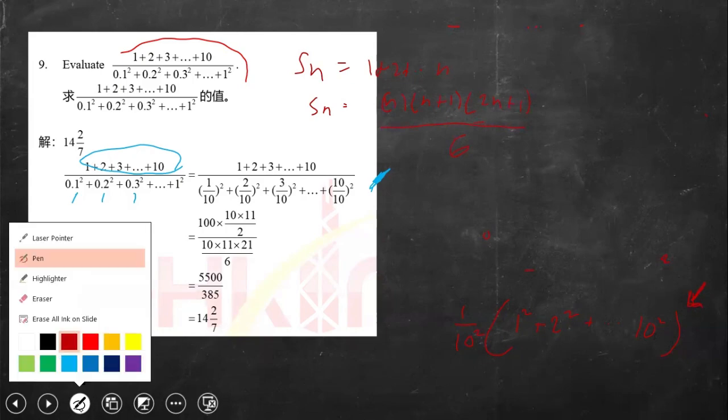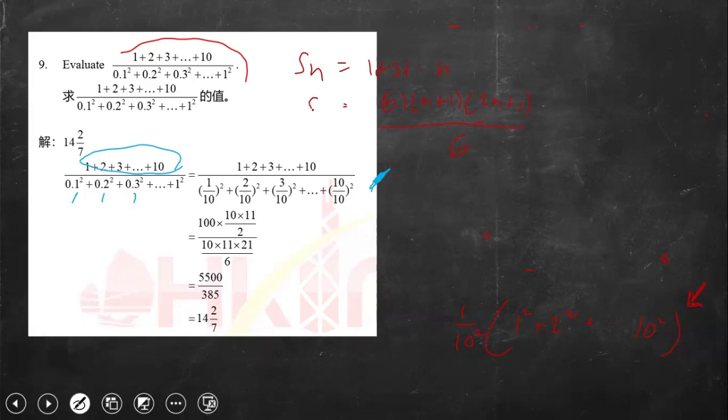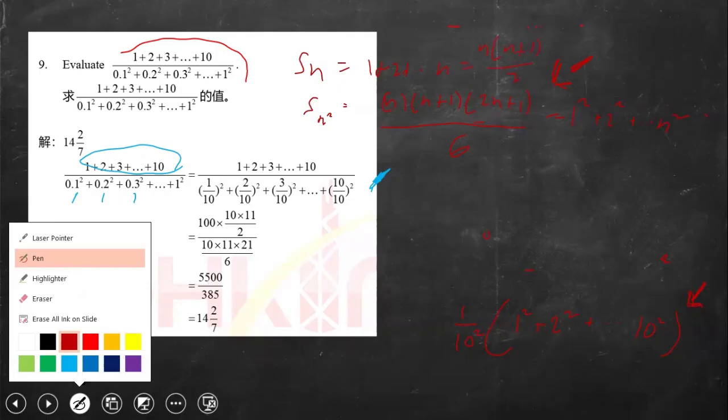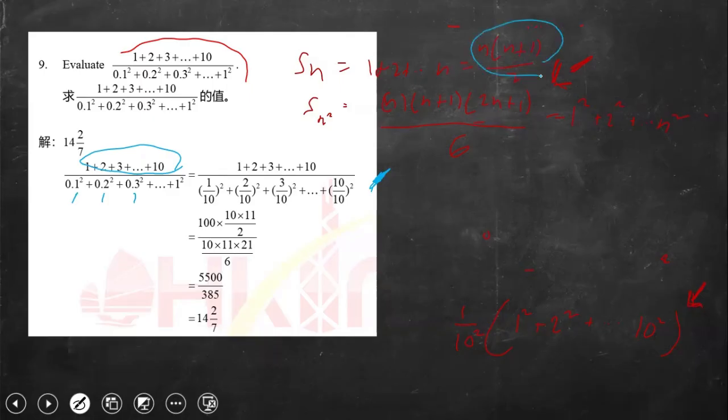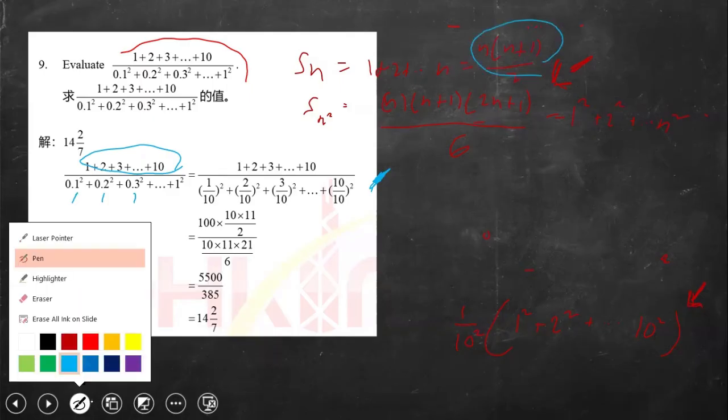This is the sum of the first n squares: 1 squared plus 2 squared plus dot dot dot n squared. This is the formula. So keep these formulas in mind because you're going to use them a lot in the competition. Remember the formula for the sum of consecutive numbers and the sum of consecutive squares, starting from 1.